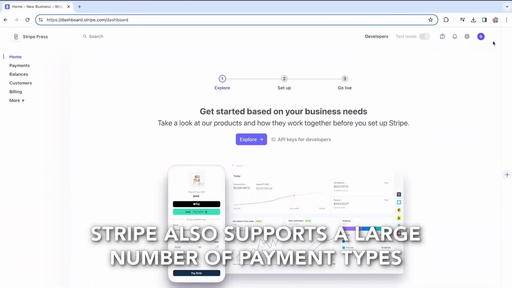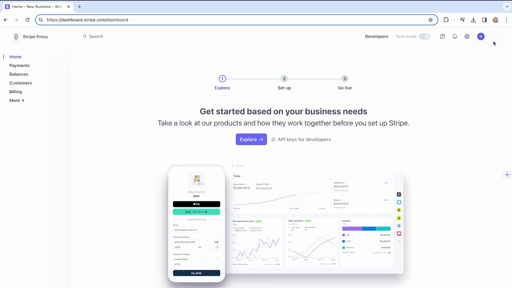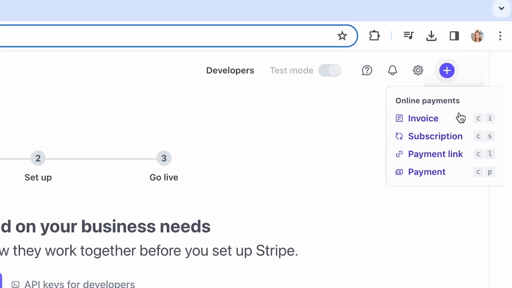Stripe also supports a large number of payment types, making it a convenient choice for doing business in foreign markets. Plus, Stripe even takes the rare approach of supporting local payment types, besides more common universal ones, with a particular focus on types that are popular in the EU and China.